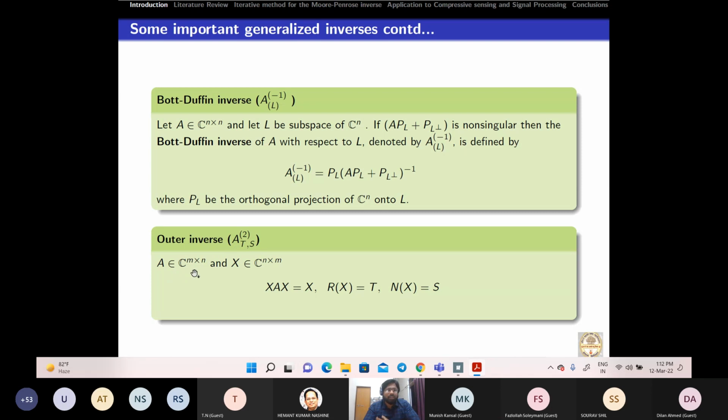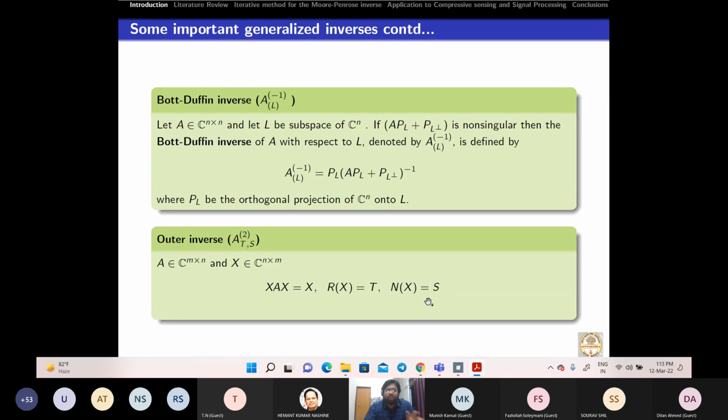For any m cross n matrix A, it is an n cross m matrix X which satisfies this matrix equation, XAX equal to X, with range of X equal to T and null space of X equal to S. So the main thing is that you have to prescribe the subspace T. T is a subspace of Cn and S is a subspace of Cm. This is a particular inverse whose main property is that its range will be the prescribed subspace T and its null space will be S, which you will give.